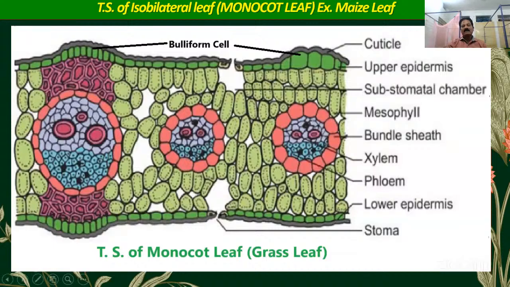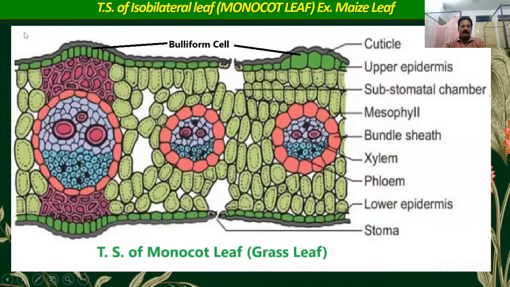They are called motor cells or bulliform cells. They are present in the upper epidermis. The mesophyll is not differentiated into palisade and spongy tissue. Just now we have seen the bundle sheath extensions are sclerenchymatous. And these bulliform cells help in rolling of the leaf lamina.